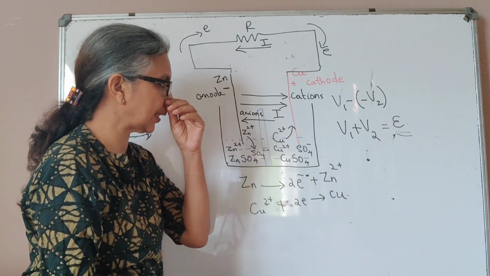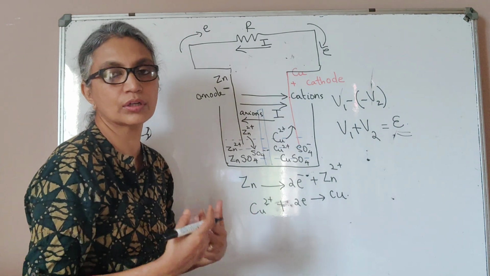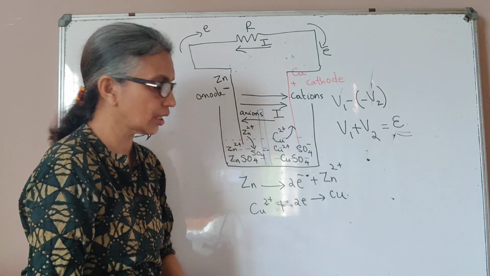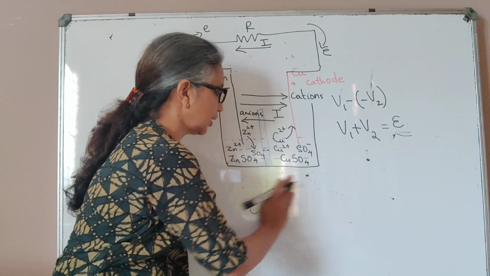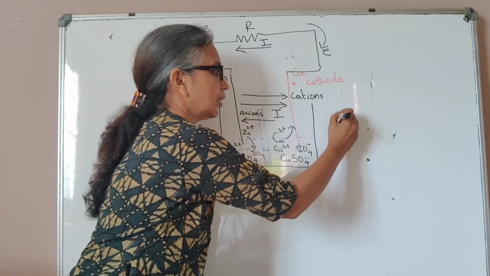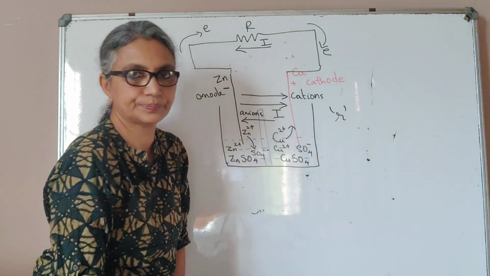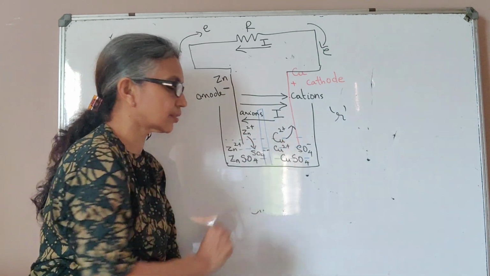Now when your cell carries current, the electrolyte offers a resistance, or an opposition, to the flow of current. That opposition to the flow of current is what you call the internal resistance of any cell, denoted by a small letter r. Let us see what are the factors that will determine the internal resistance of the cell.